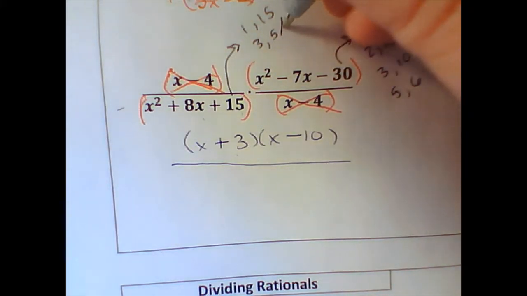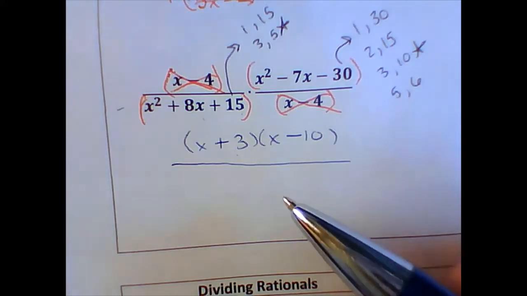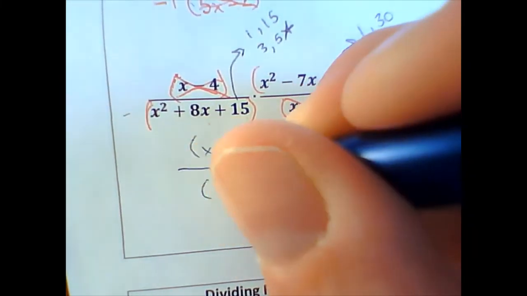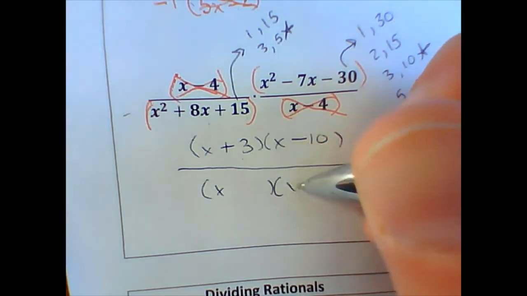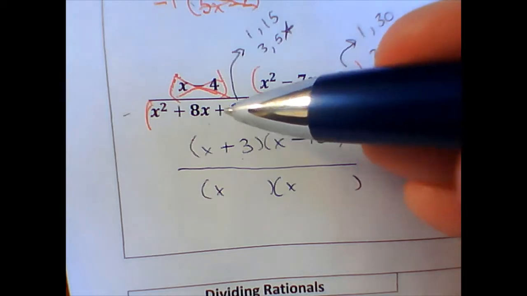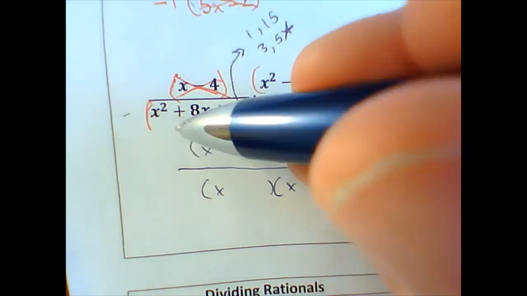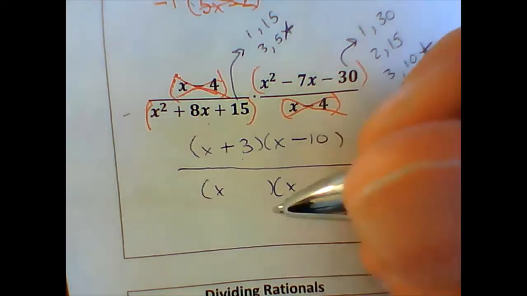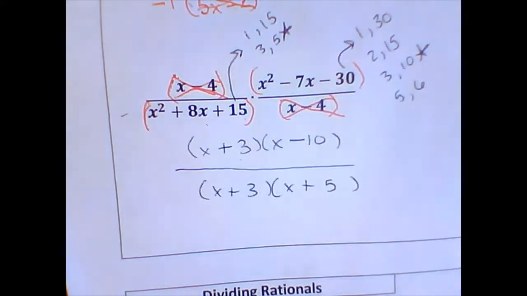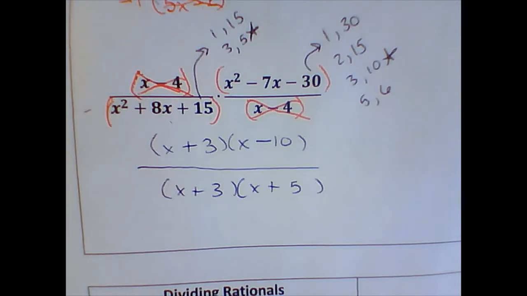I don't think the 1 and the 15 add to 8. That seems unlikely. So we're going to create the x and the x. And then we're going to insert our 3 and 5 since they're adding to a positive 8 and everybody's positive. We have 2 positive things adding to a positive 8. They also times to a positive 15 and everybody's happy.